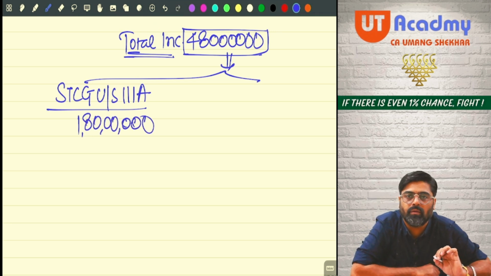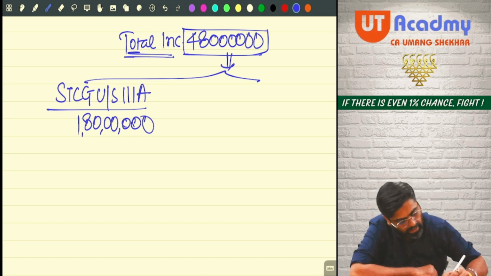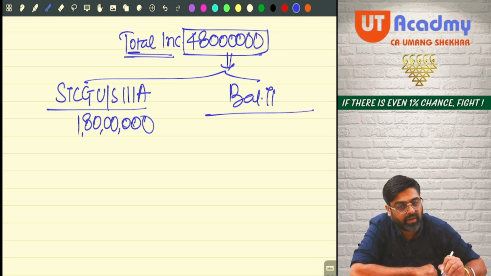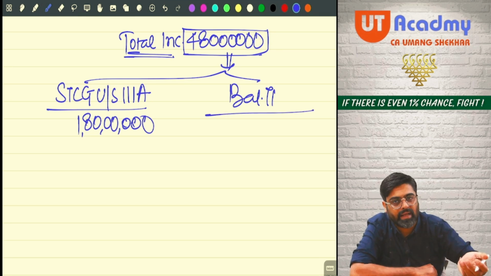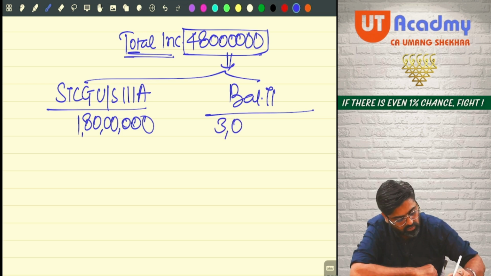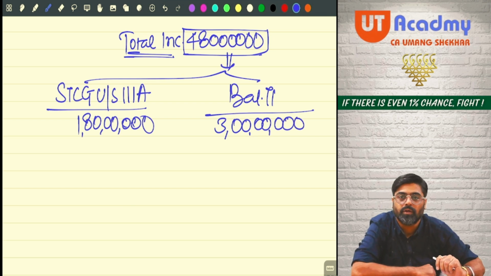Possible, not possible? Possible. And the balance total income liable to be taxed at normal tax rates is how much? 3 crores. Yes or no? Now what you will do?